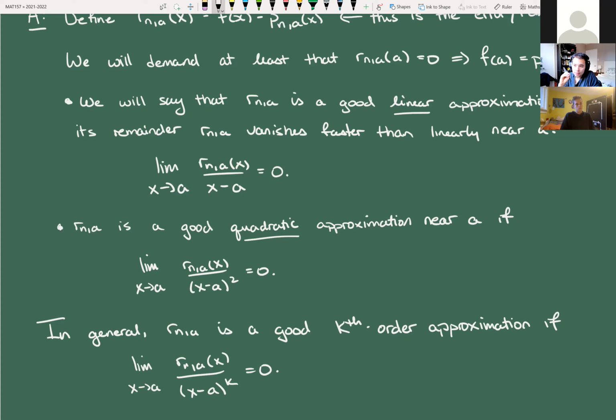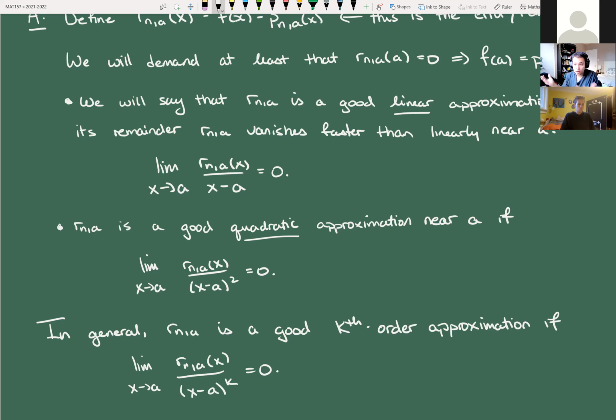So this makes the remainder a better and better approximation because we're saying that the remainder goes to 0 faster than that, right? Does that make sense? (x minus a) to the power of 10 goes to 0 really quickly. So the remainder is going to 0 even quicker. For this limit to be 0, the remainder has to be going to 0 even faster than that.